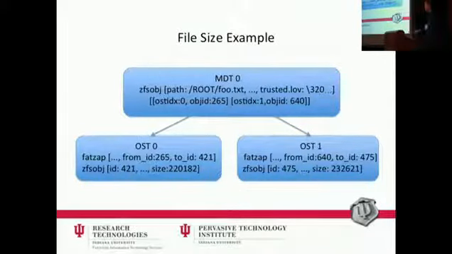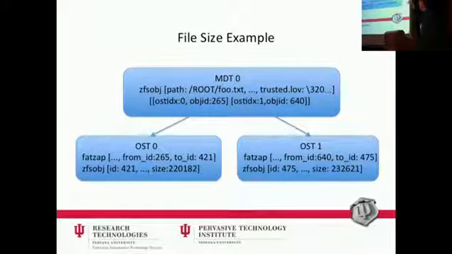To make this a little more concrete, let's say you're doing a dump of MDT 0. You've got a ZFS object, which is a Lustre file, foo.txt, with a trusted.lovea like I was showing before. You decode that into its OST IDX and OST object, object ID pairs.